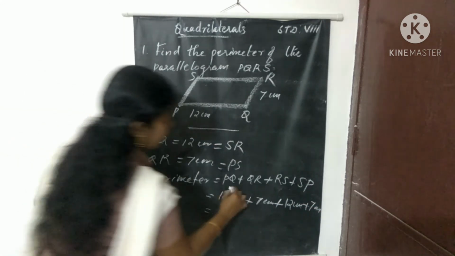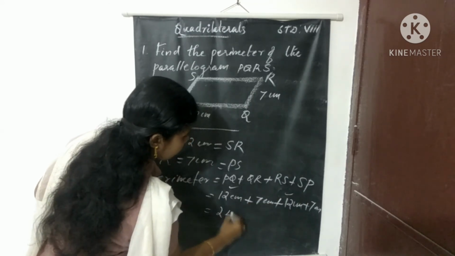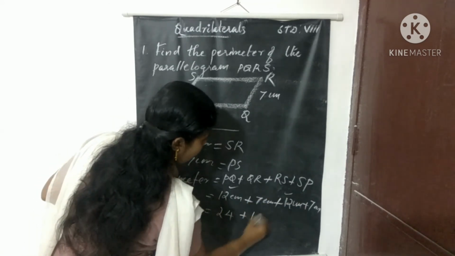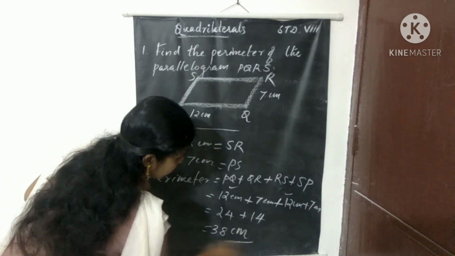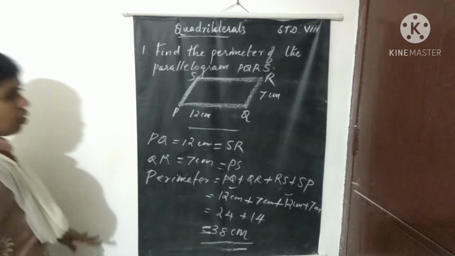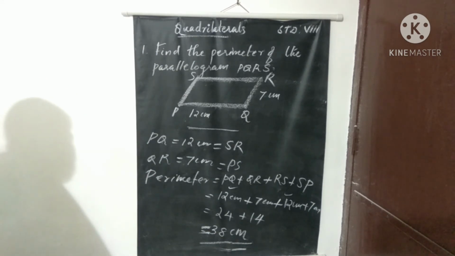Adding, 12 plus 12 is 24, plus 7 plus 7, 38. The answer is 38 centimeter. This is the perimeter of the given parallelogram.